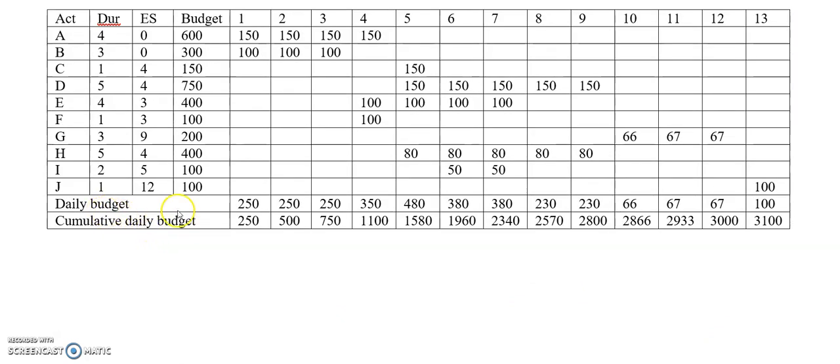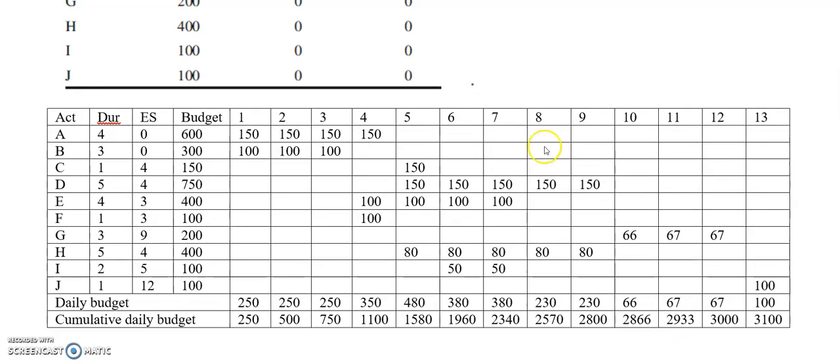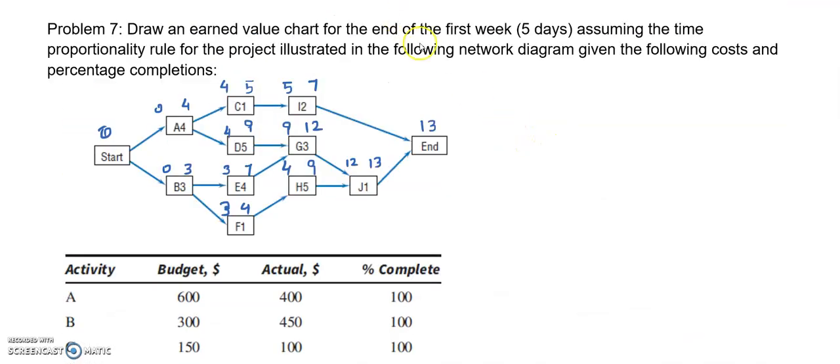So in this way daily budget and cumulative daily budget have been calculated. The next step is to find the planned value and the earned value. For this we have to look at the status date. Status date is by the end of first week, 5 days.